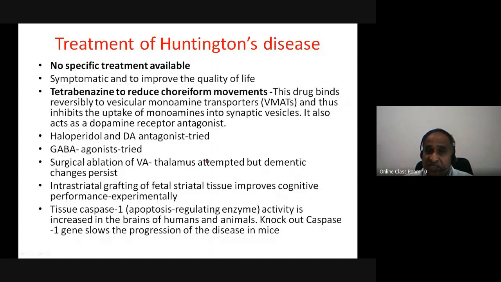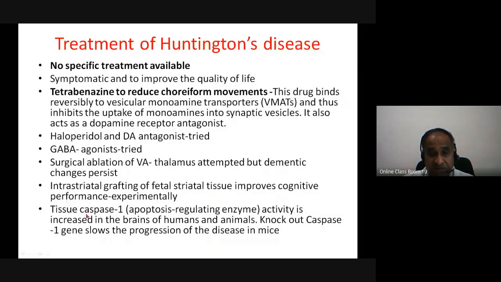But that did not alter the dementic changes, because the dementic changes do not involve the ventroanterior part of the thalamus. Then people have tried intrastriatal grafting of striatal tissue from the fetus, to improve cognitive performance experimentally, but it is still in the experimental stage.